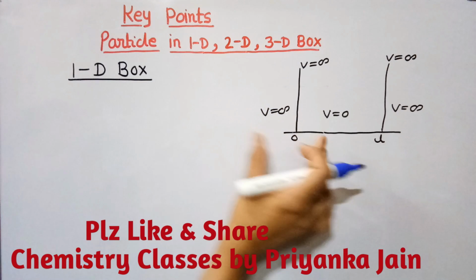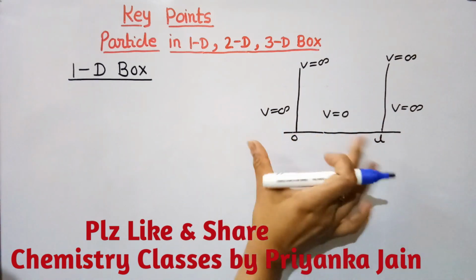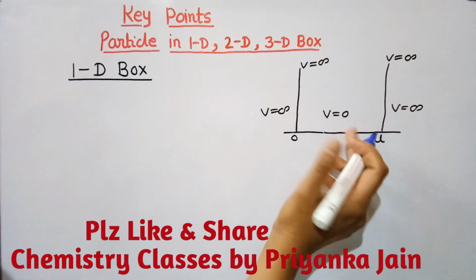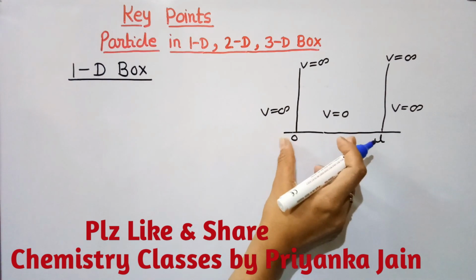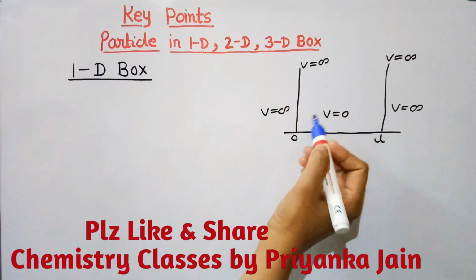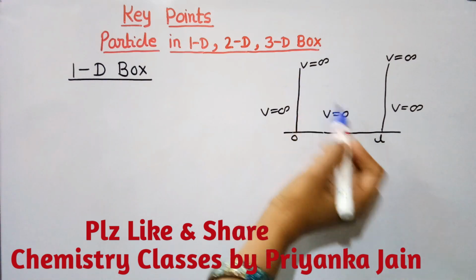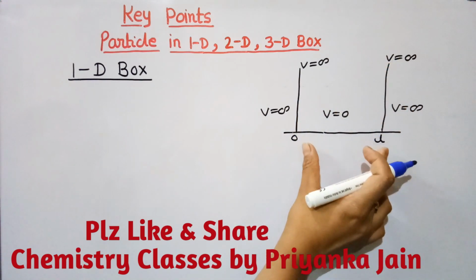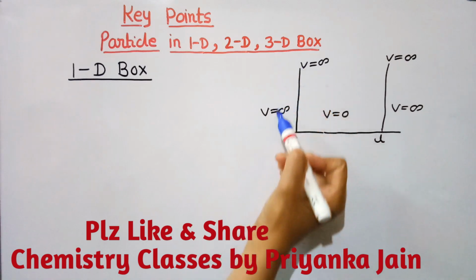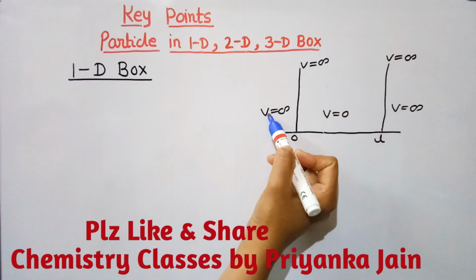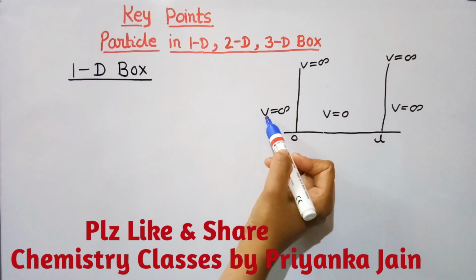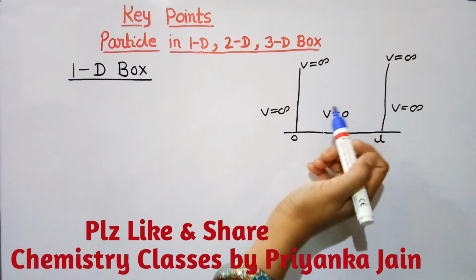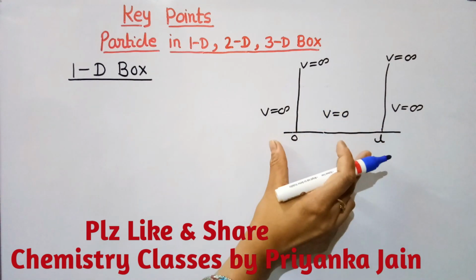So firstly in the case of 1D box, this is the x-axis, and the particle is confined to move in the x direction. Here these are the walls and this is the length from 0 to L. It means the length of the box is L, and at the walls and outside the walls the potential energy is infinity, while inside the box the potential energy is equal to 0.